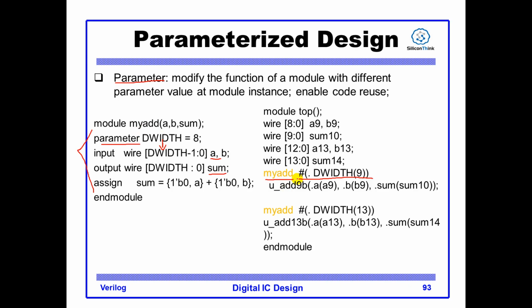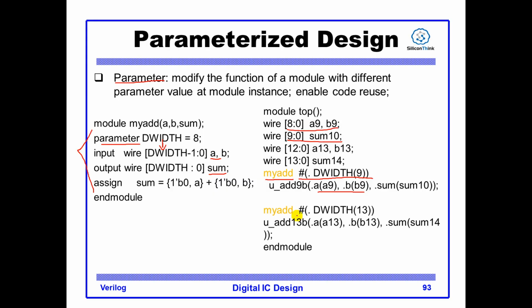For example, for this instance, the parameter d width will be changed to 9, so it can do the add operation for signals of 9 bits. The result will be 10 bits, from line down to 0.